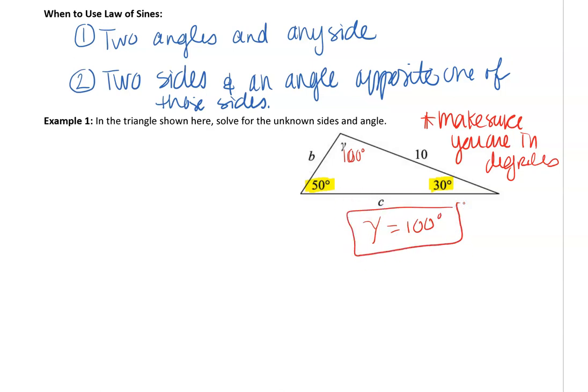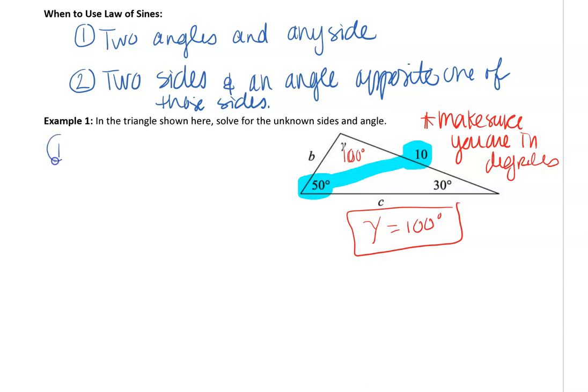Now from here, I need to figure out these sides. And since I have this ratio here of 10 on one of the sides, I want to use its corresponding angle, and that relationship is going to be the ratio that I'm going to use to find the other two sides, because that is the angle and side that I currently have.